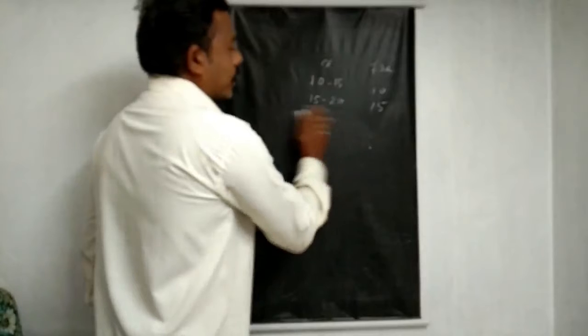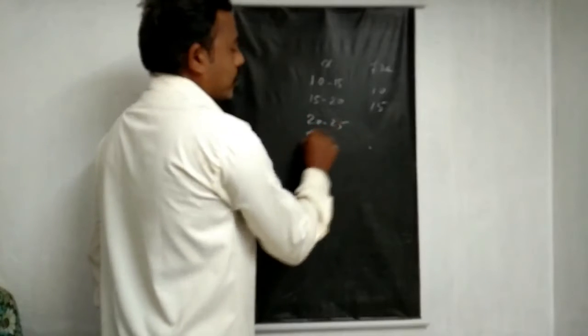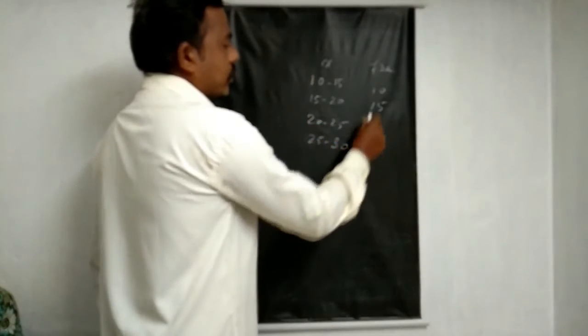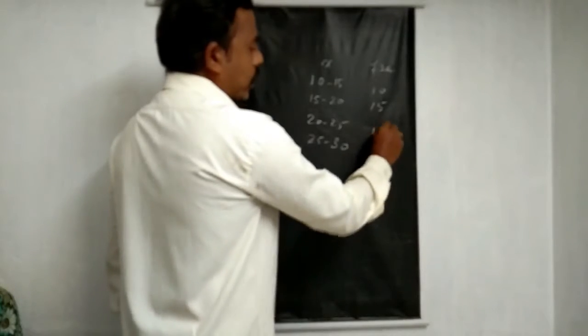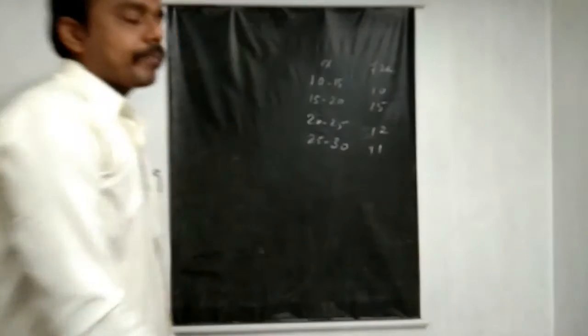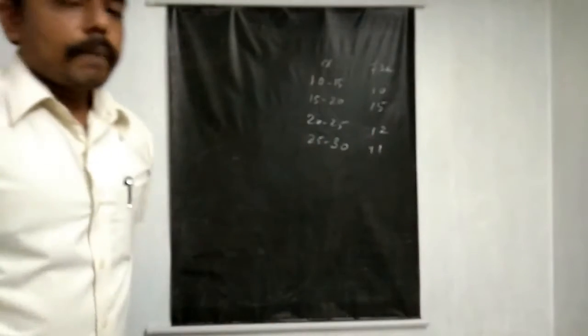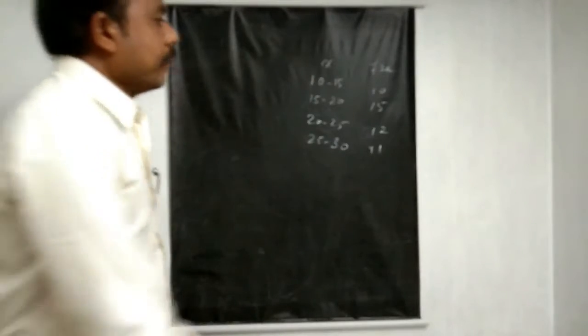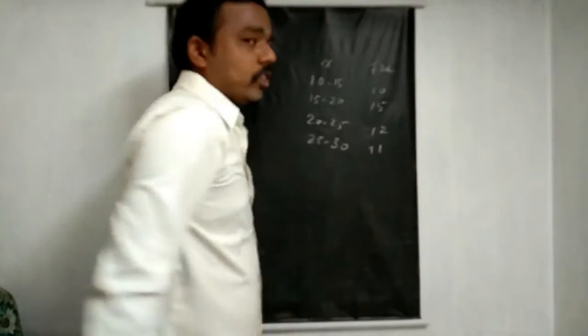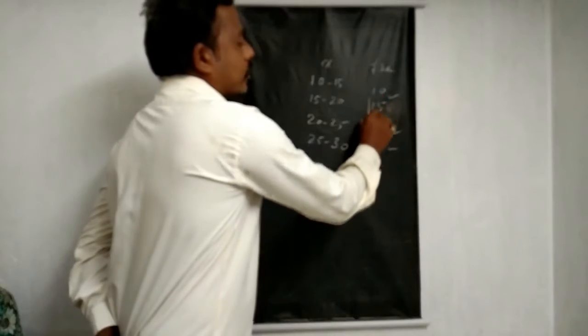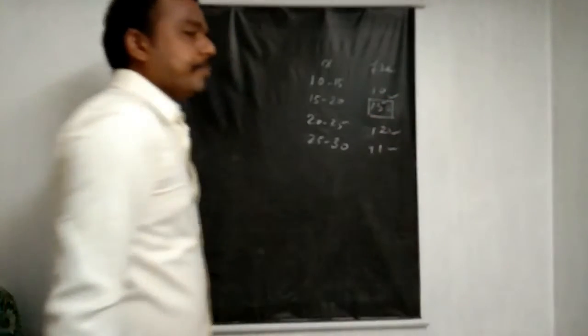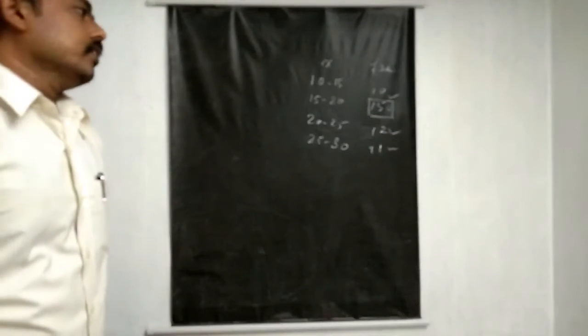For example, 20 to 25, 25 to 30, with frequencies 12, 11 and so on. Among 10, 15, 12, which one is bigger? We choose this one as the modal frequency.